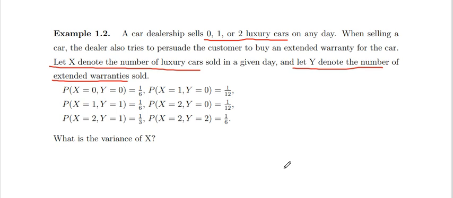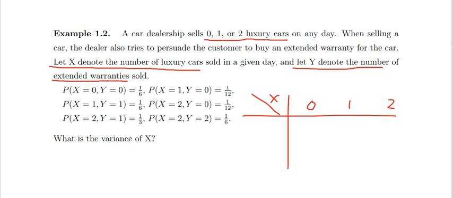So we can have this joint distribution. Let's put X as 0, 1, 2. X stands for the number of cars he can sell, and Y is the number of warranties.